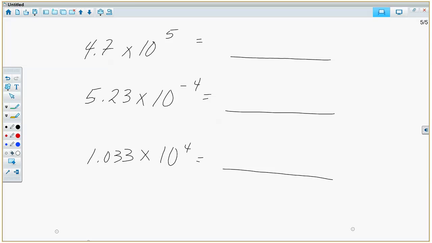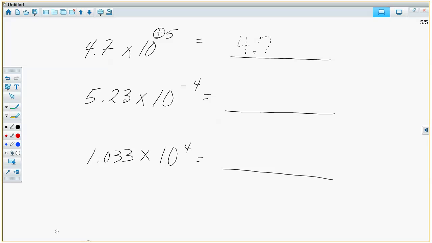Okay, so I'm going to put a dashed 4.7 right here. And then I'm going to move the decimal 5 places. And what's in front of that 5? A plus or minus? It's a plus because nothing's there.